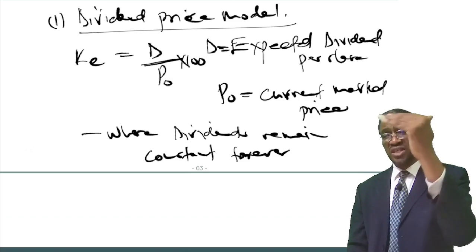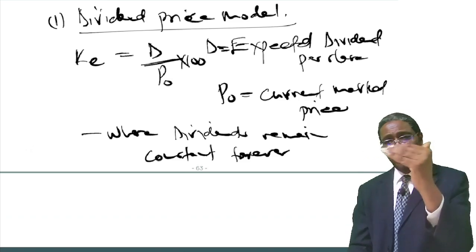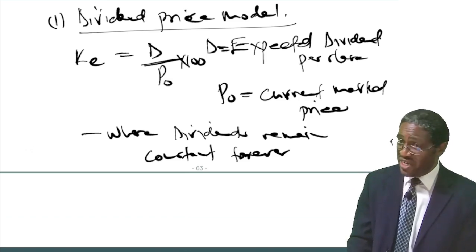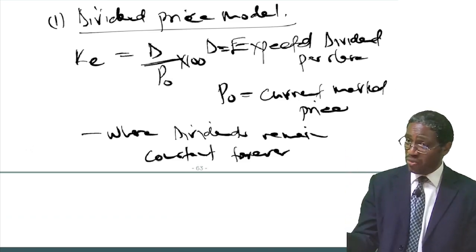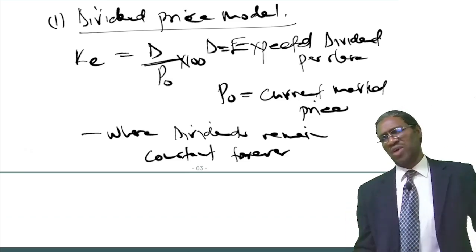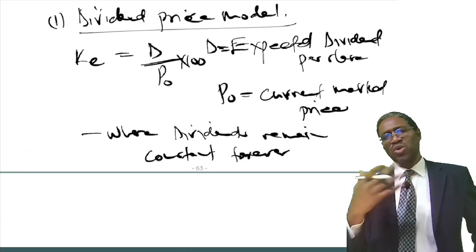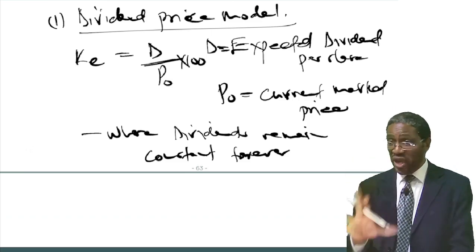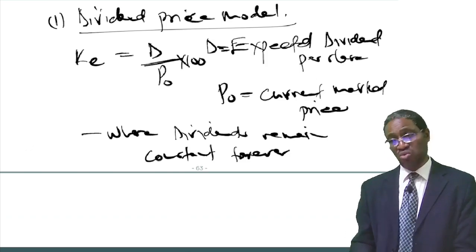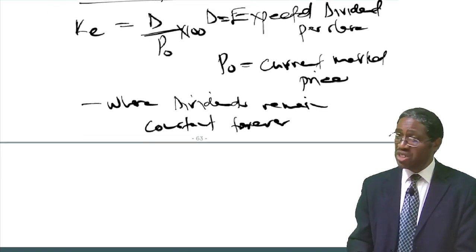Then you just take the dividend per share and divide by the market price per share. You get the dividend yield, which is the return to the providers and becomes a cost to you as a company. Then, of course, you take it as a percentage.